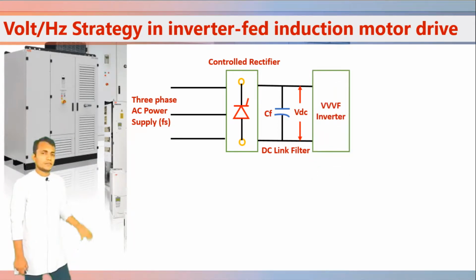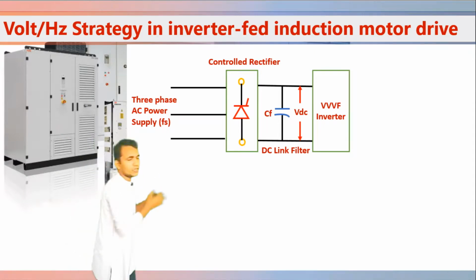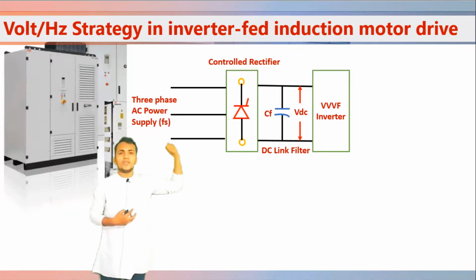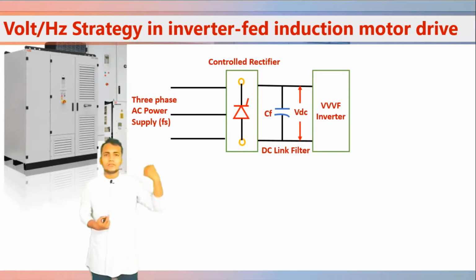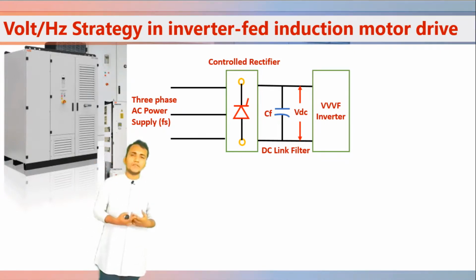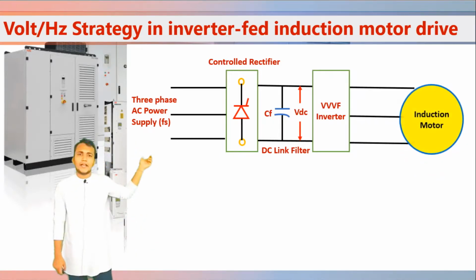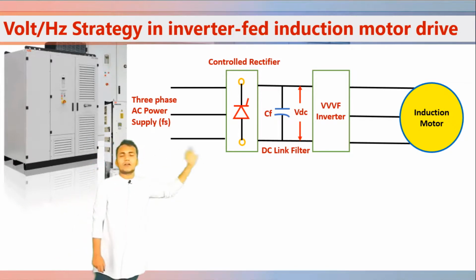Then this capacitor is connected to maintain a constant DC voltage across this inverter, and here we have written this inverter as a VVVF inverter, variable voltage variable frequency inverter. So we can write here VVVF, so it's also called a VVVF inverter. Then the output is connected to the induction motor. So that is our basic control strategy.